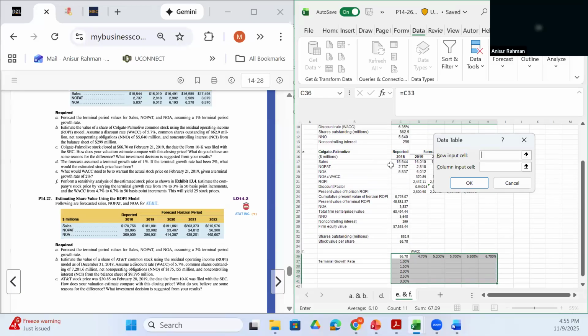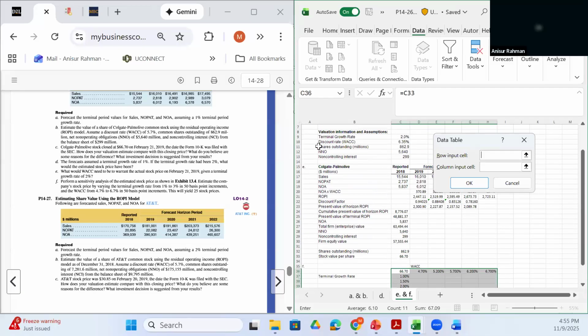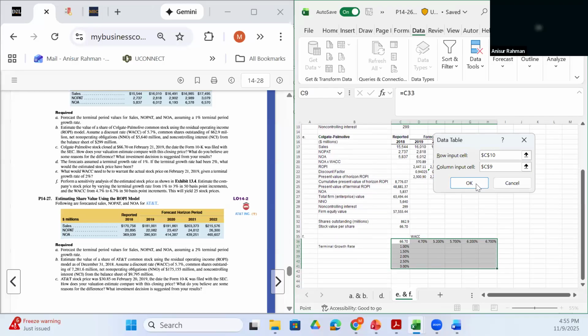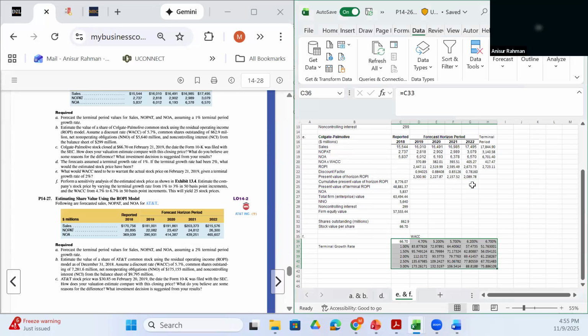So we have to scroll up and choose this WACC from here. Now the column input cell: what is in the column? Terminal growth rate. So you have to go up again and choose the terminal growth rate. Now we will just push OK.